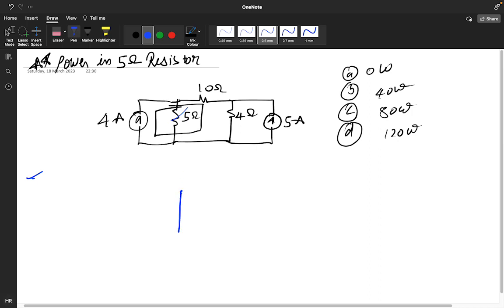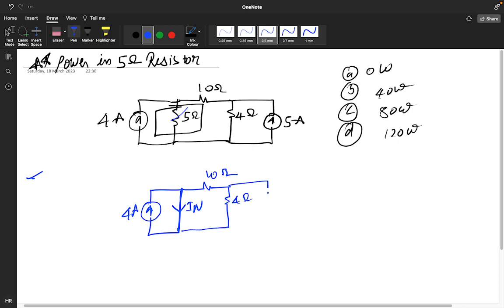I will short circuit it to find IN, and this is my 4 ampere, this is 10 ohm, this particular one is your 4 ohm, this is your 5 ohm. So how will you find the value of IN?